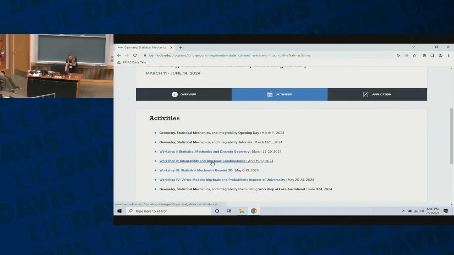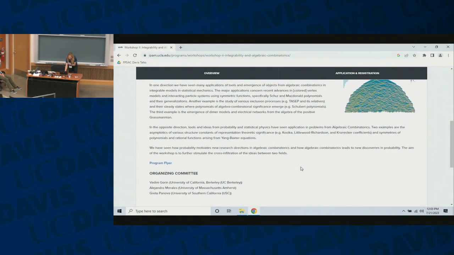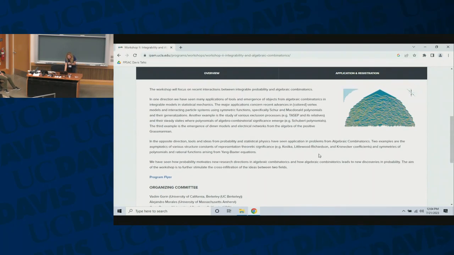And of course, I can recommend this workshop here, Integrability and Algebraic Combinatorics, in April, which is co-organized by Alejandro Morales and myself and Vadim Gorin. And there you will study more pictures like this. So that's all I wanted to say. So yeah, please apply.